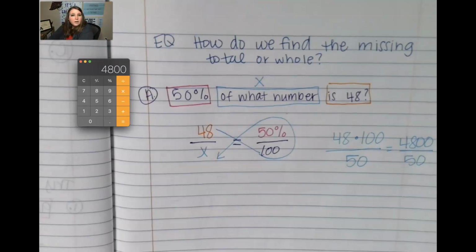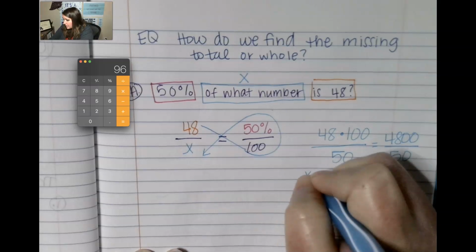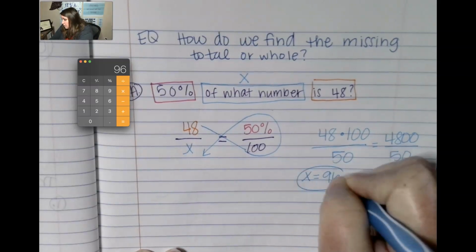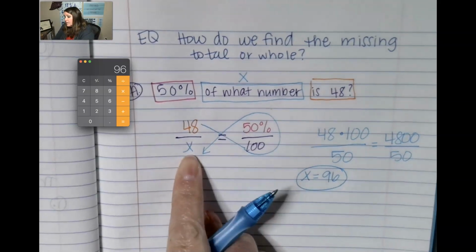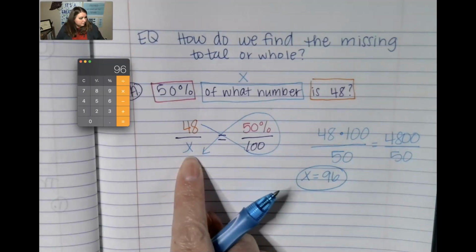So we're going to just divide this whole number by 50. And that gives us a total of 96. So X equals 96. So the total price, original price, is 96. Or the total on the bottom of our fraction is 96.